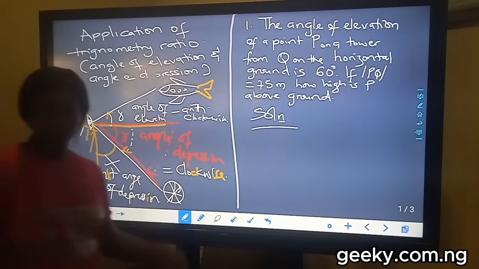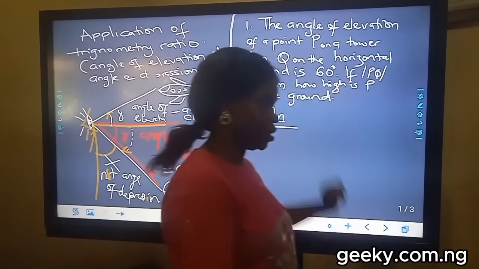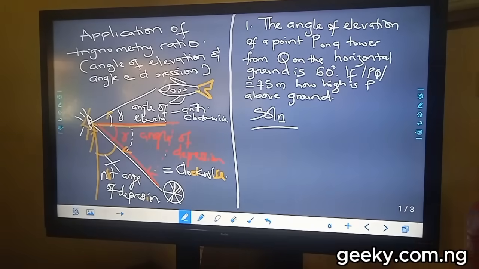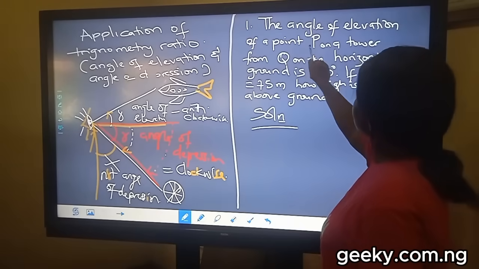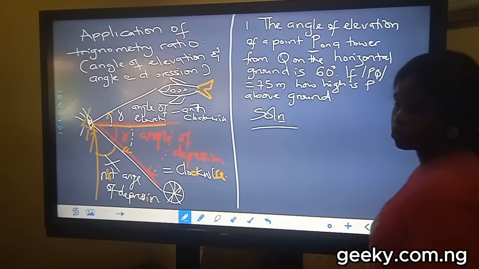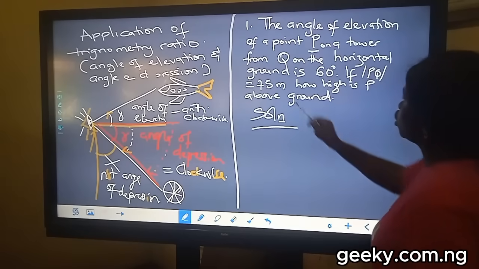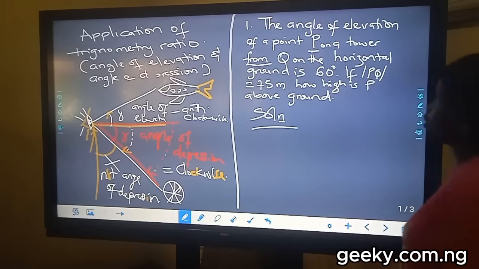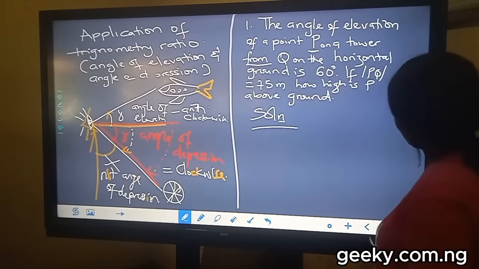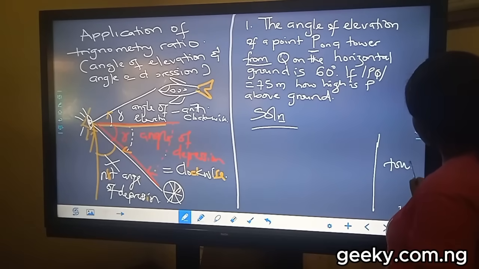So we're going to take an example to know how to do angle of elevation. So say for instance, say the angle of elevation of a point P on a tower from Q on the horizontal ground is 60 degrees. So we're going to draw the tower.